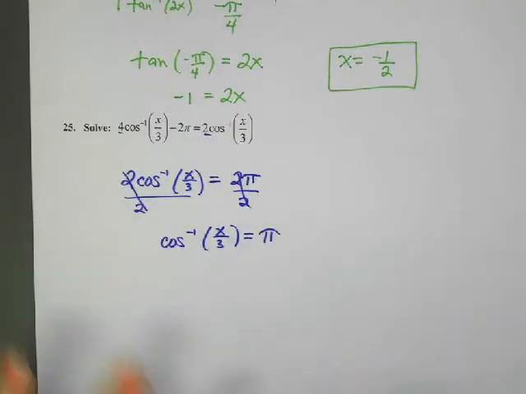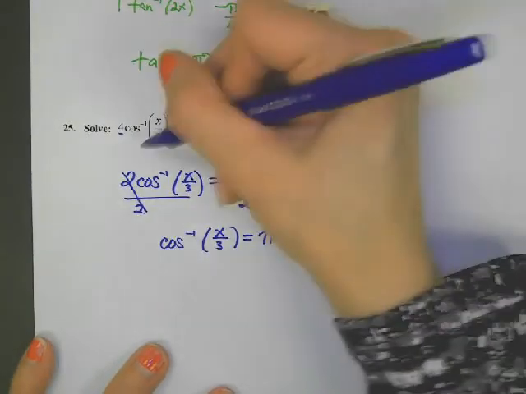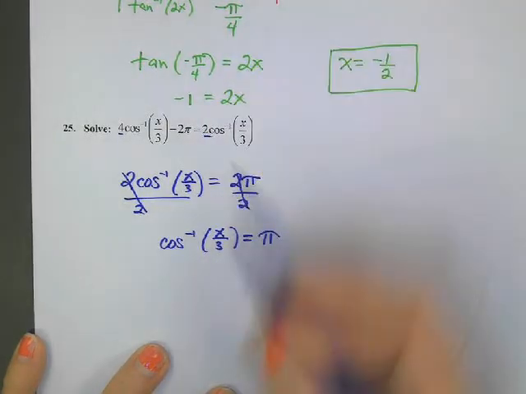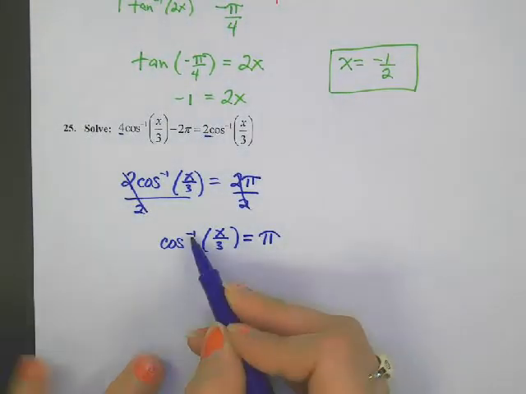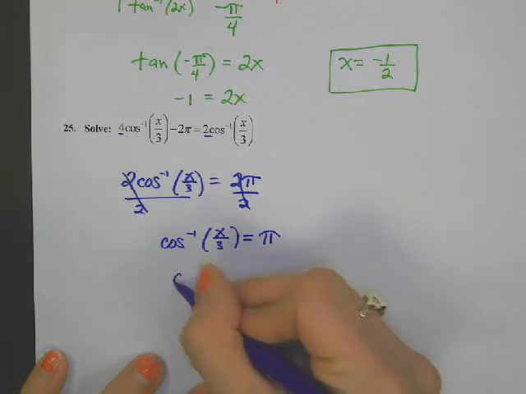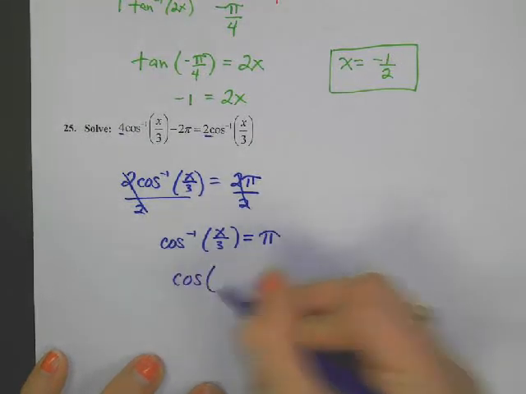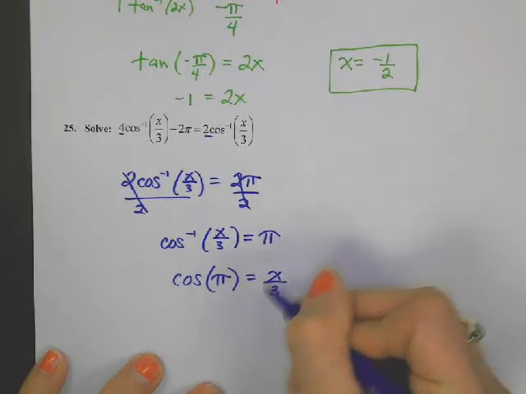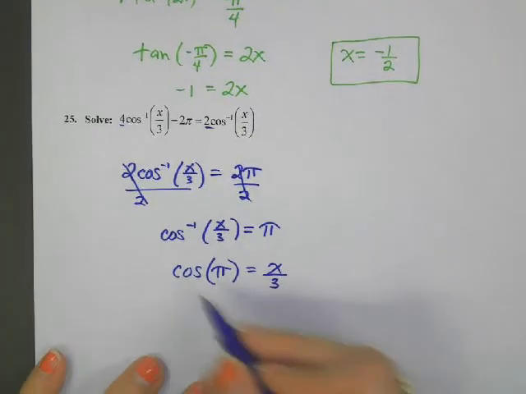Okay, is there any more baby algebra we can do? So you rearrange as much baby algebra, adding, subtracting, dividing, until you get stuck. Now we'll switch from inverse to regular cosine of pi equals x over 3. So you switch them around.